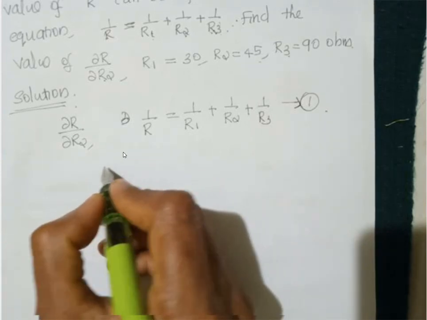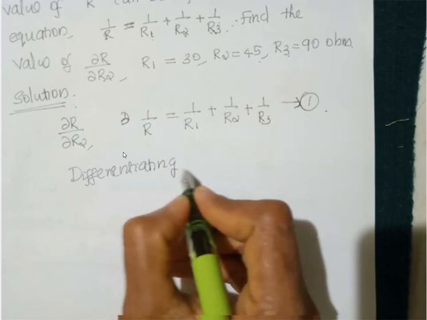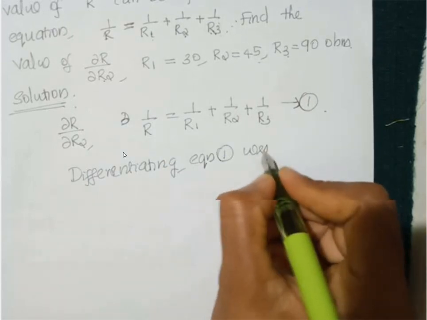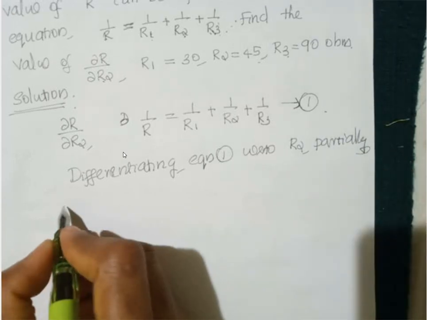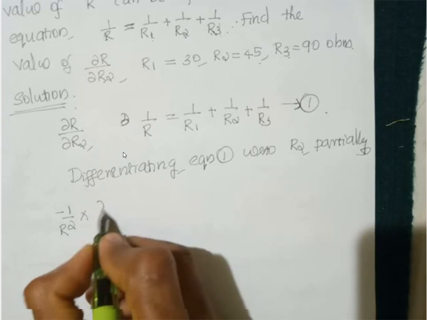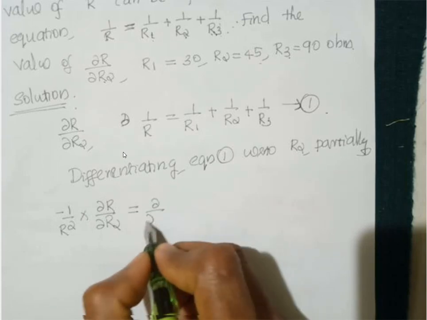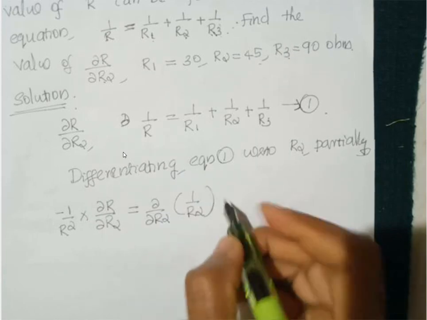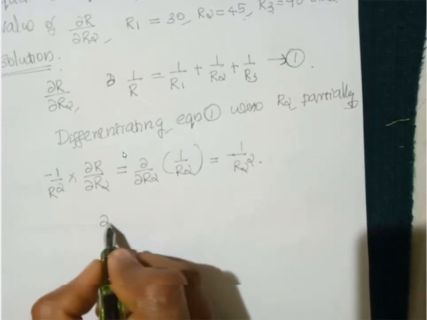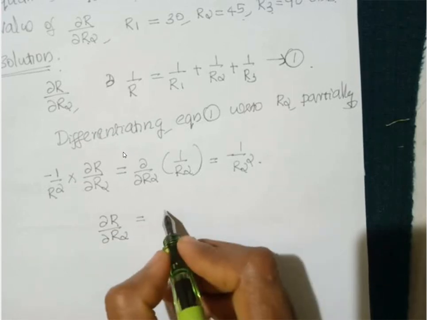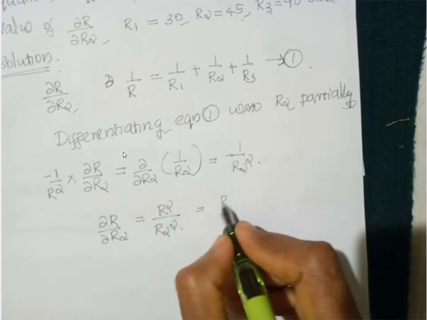I'm differentiating equation 1 with respect to R2 partially. We get −1/R² times ∂R/∂R2, which equals the derivative of 1/R2, which is −1/R2². So ∂R/∂R2 equals R²/R2², which is (R/R2)².